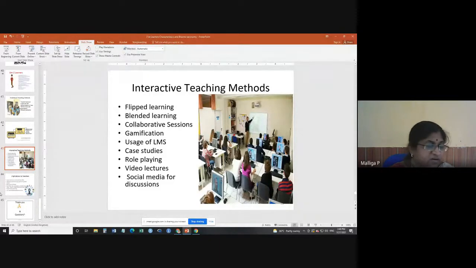Everybody can learn; the only difference is the time, right? If provided the resources and time, everybody can learn. So you give them the resources, you give them the time. When they come to the class, in the flipped learning, let them learn something and come to the class, and you discuss it.